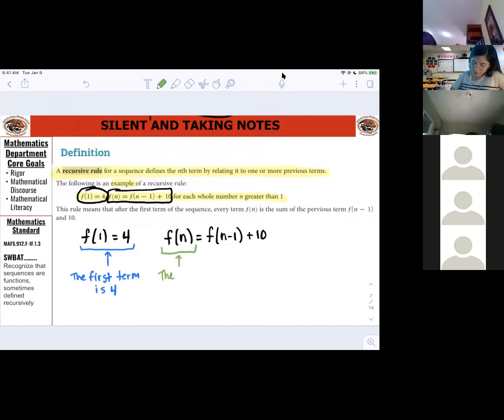Okay, so the next term. The next term is going to be f of n minus 1, which means to go back. So this tells me to look at the previous term.